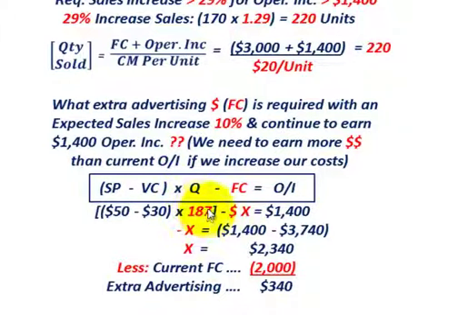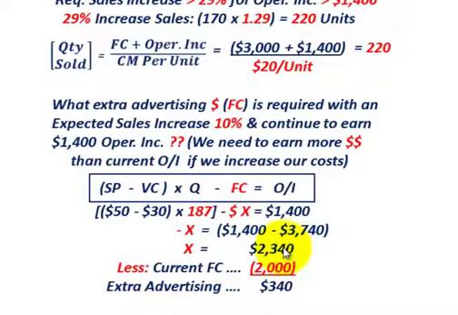So those are really our changes from what we had with our current operations versus our proposal. Just simple arithmetic: determine what your fixed cost would be based on that extra quantity, or extra sales increase, and then you'd have to subtract whatever your current fixed cost was. In this case it was $2,000.